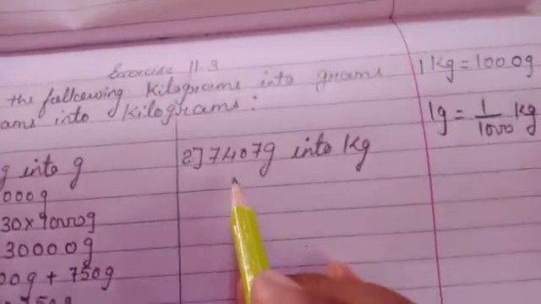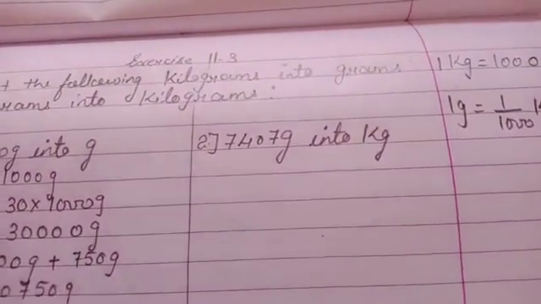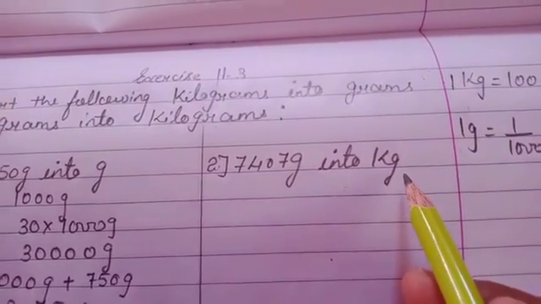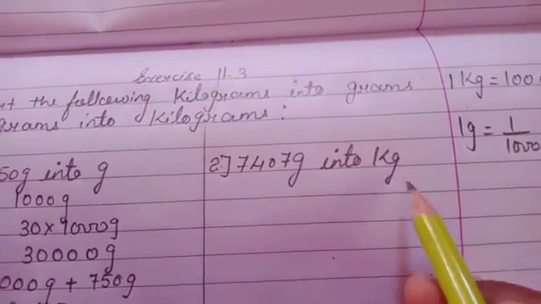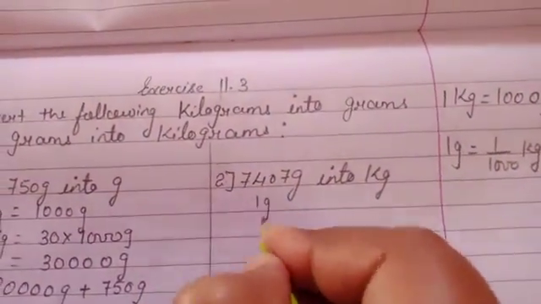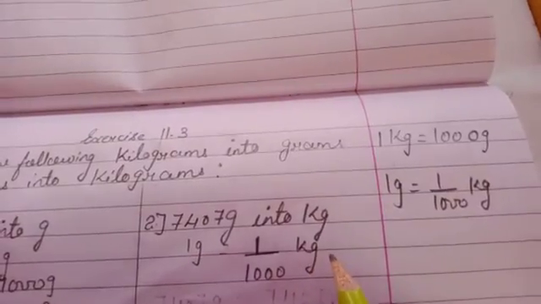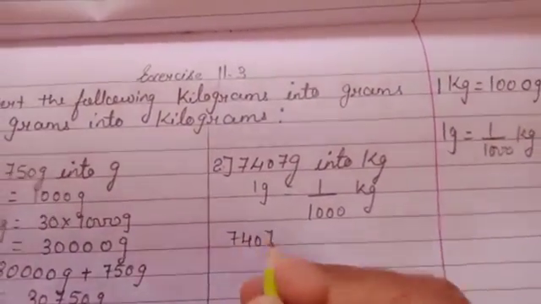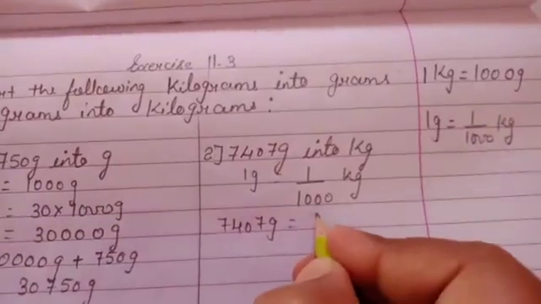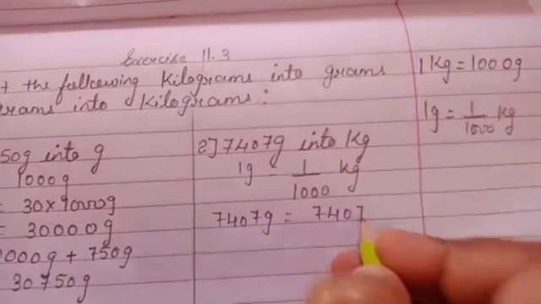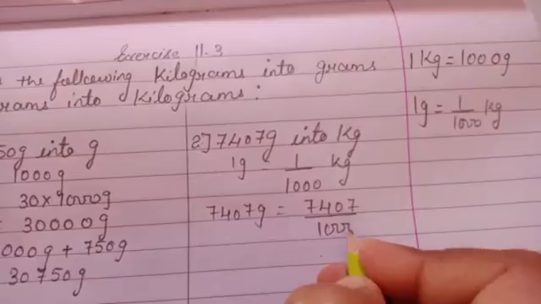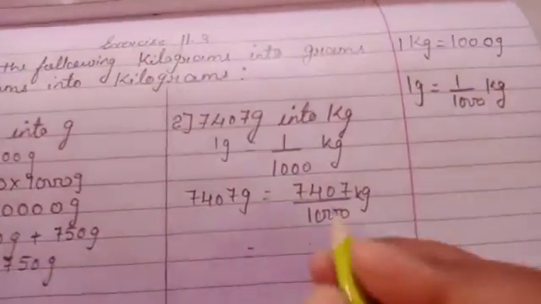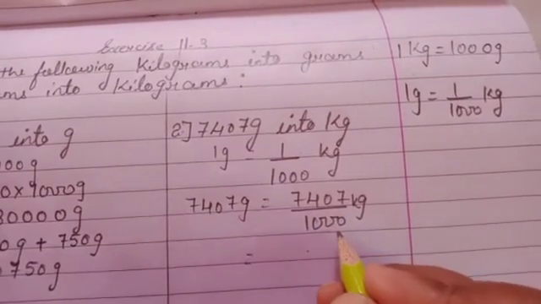Now number 2, 7407 gram into kilogram. We have to change this gram into kilogram. So 1 gram equal to 1 upon 1000 kilogram. So 7407 gram equal to 7407 upon 1000 kilogram.